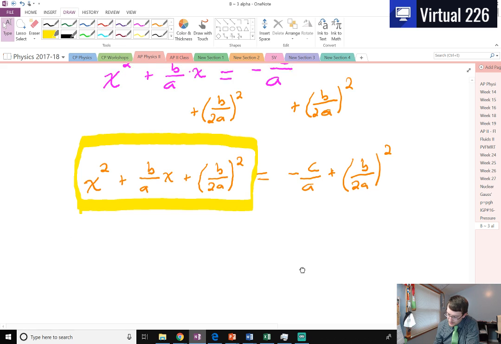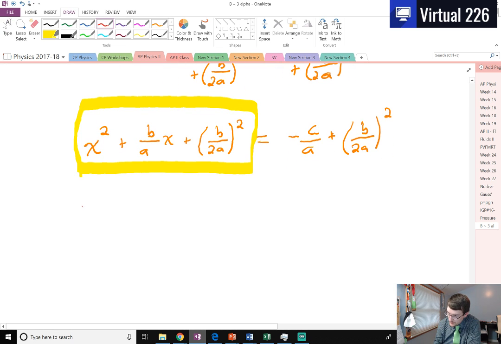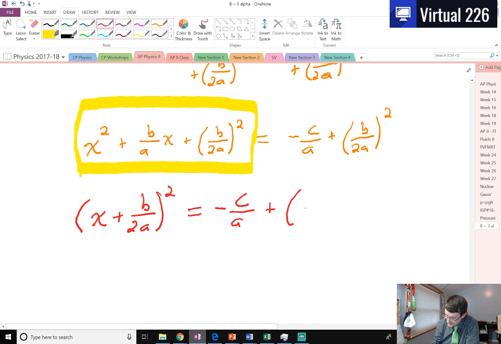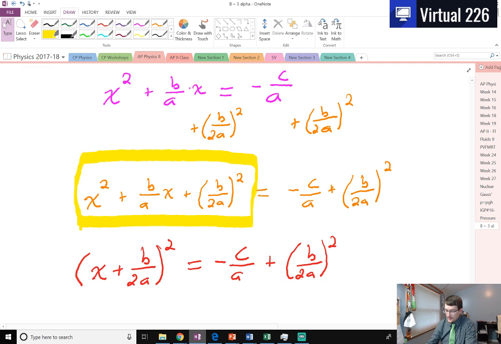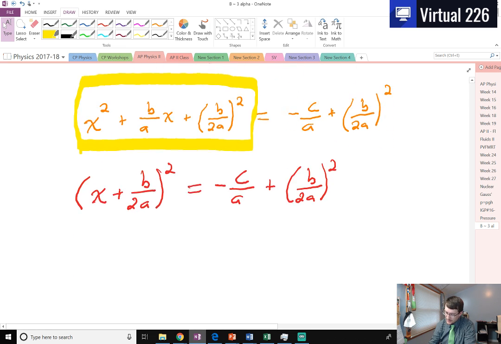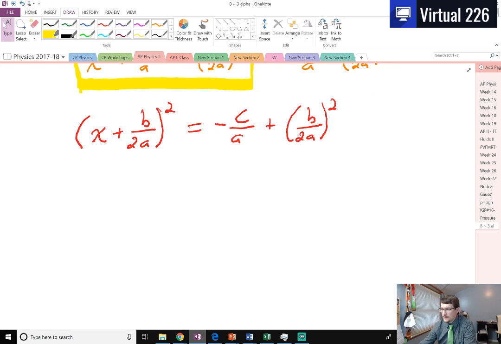So we can rewrite it as the quantity x plus b over 2a squared equals minus c over a plus b over 2a squared. Knowing that, if I just add this quantity b over 2a squared to each side, that'll make me a perfect square. That is not an easy thing to recognize, okay? But it's something we can see. So when we complete that square, this is what we get down here in red, okay?